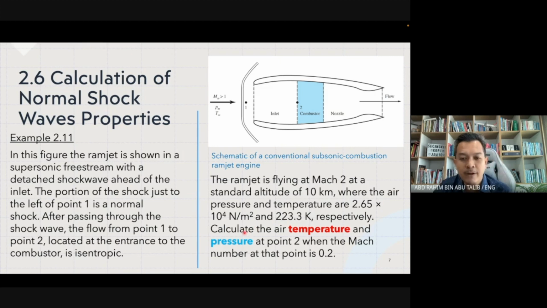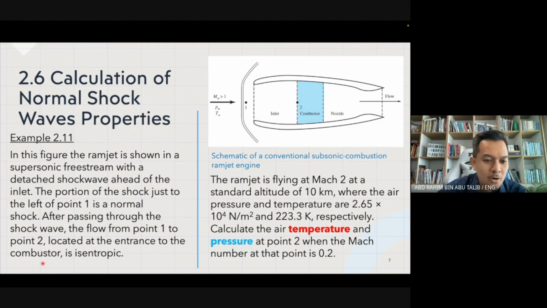You have to find the air temperature as well as the pressure at point 2. What is the temperature at point 2, and what is the pressure at point 2 when the Mach number at this point is 0.2? Basically, air travels at Mach 2 before it goes into the engine, but when it reaches point 2, it reduces to Mach 0.2.